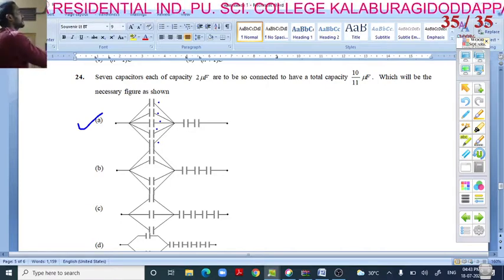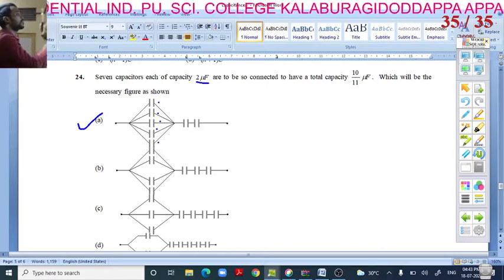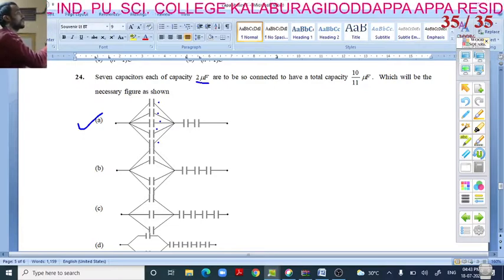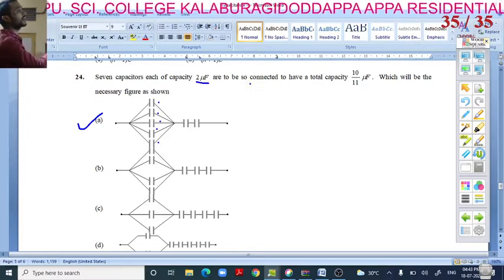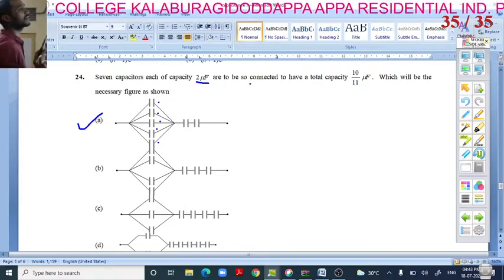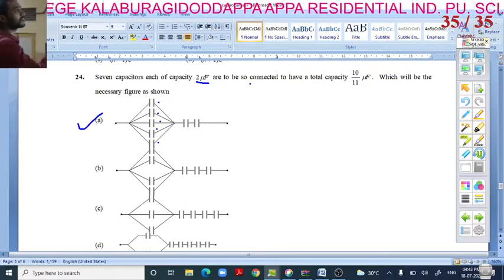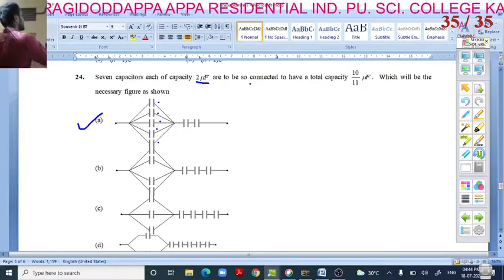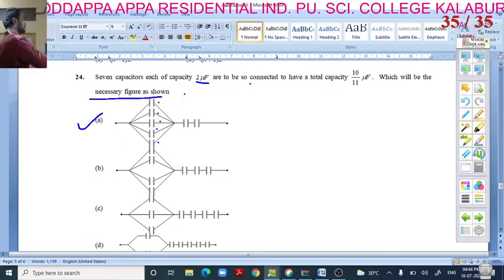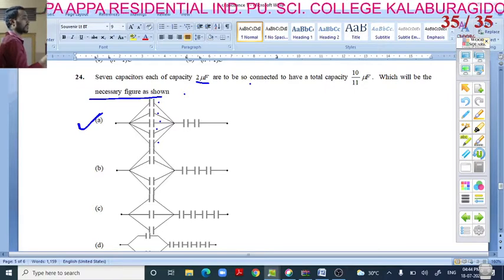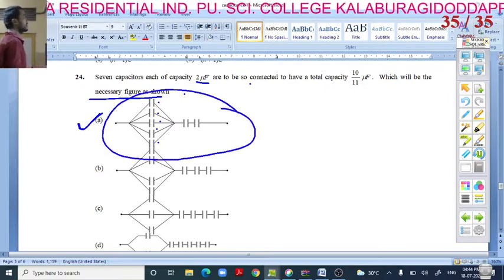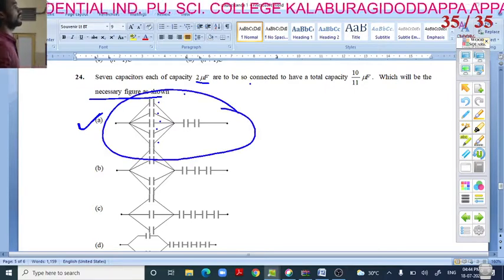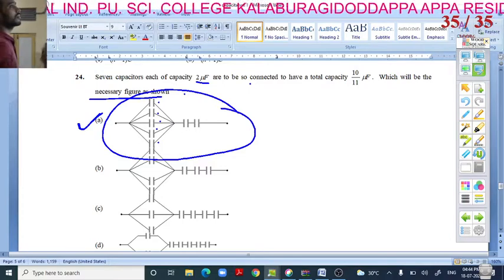So 7 capacitors of each capacity 2 microfarad are to be so connected to have a total capacity of 10 by 11 microfarad, which will be the necessary figure for that. So the first option is the necessary figure. Just once you analyze it, and now we have a last question here.